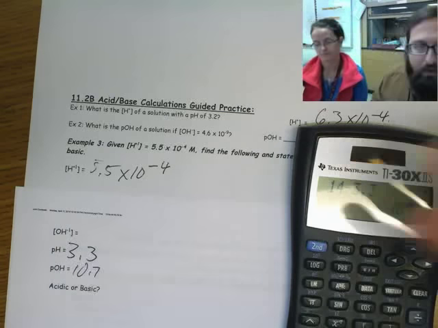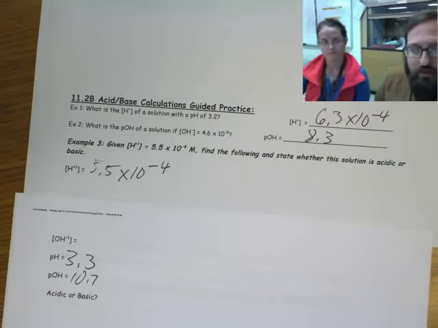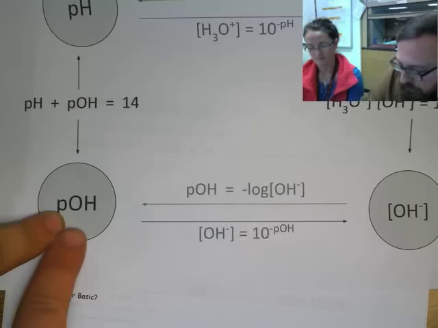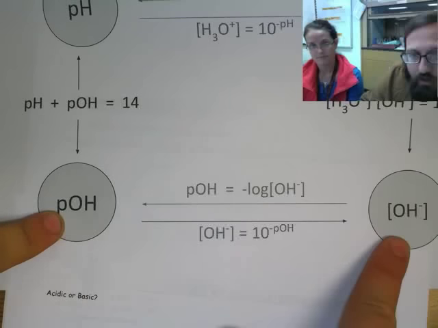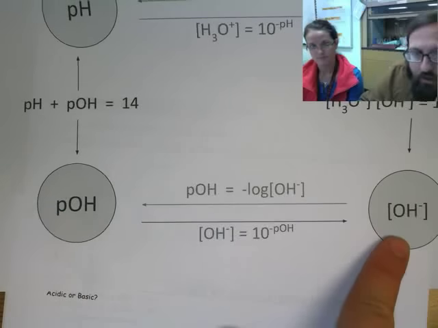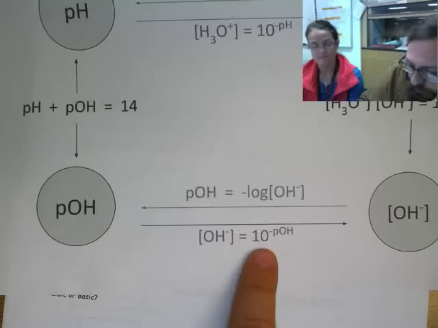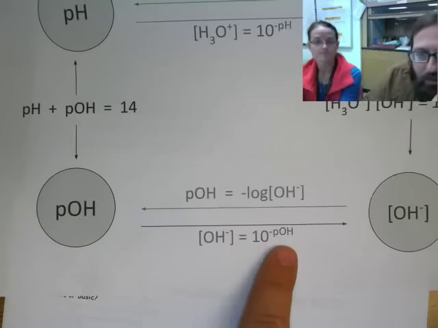Okay. Now I want to use the pOH that I just solved for to calculate my OH minus. So it's equal to 10 to the negative pOH.